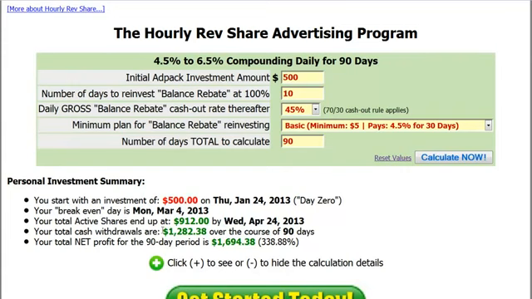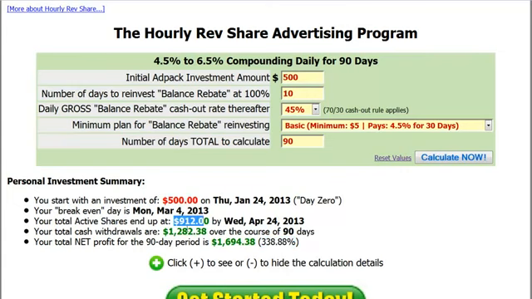Over the course of 90 days, if we follow this pattern of reinvesting in the basic plan, we are going to cash out $1,238.